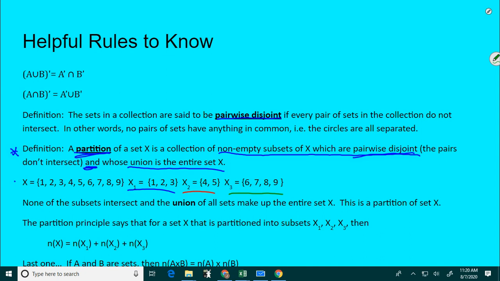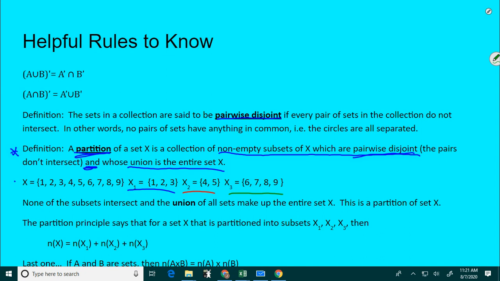There's no 1, 2, 3. There's no overlap in any of them. They don't have anything in common. And if I put them all together, the union, that's just putting them all together, one or the other or both. The union gives me 1, 2, 3, 4, 5, 6, 7, 8, 9, the entire set. If that happens, that's a partition. So no overlap. You put them all together, gives you the entire set.